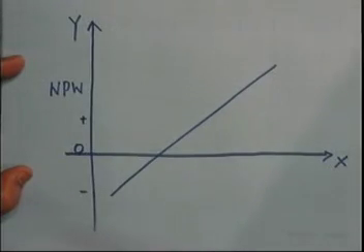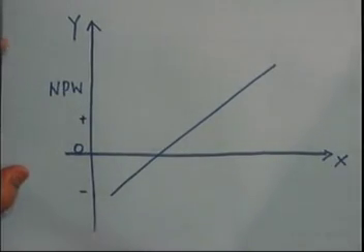This spider web diagram can be represented in two ways. In one you can use the absolute values, in the other you can use the percentage values.